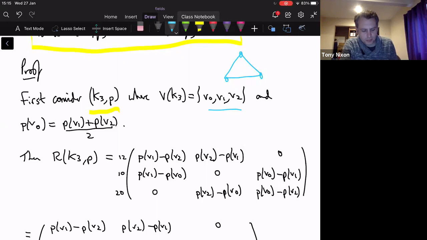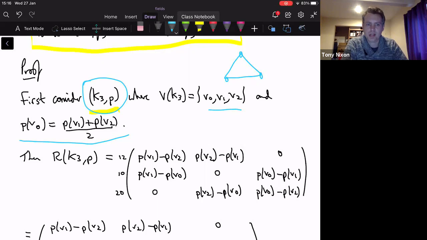In particular, I've chosen to put V0 on the midpoint. You could put it anywhere along the line you like, but this is one choice. And what I want to show is that this is essentially a circuit. So the rigidity matrix rows are a minimal dependent set.